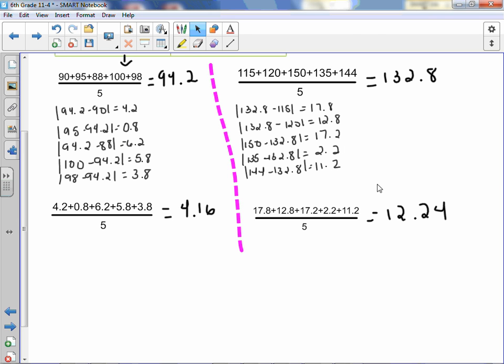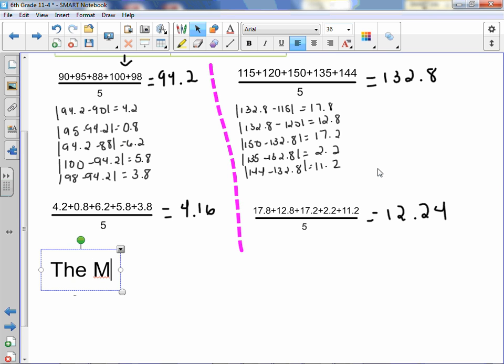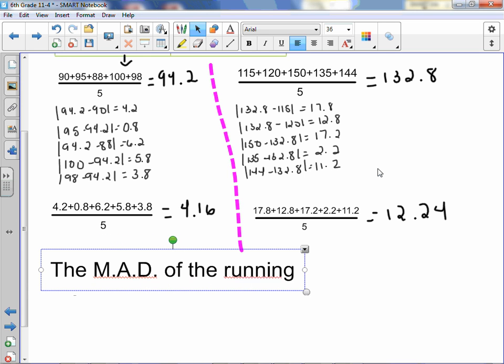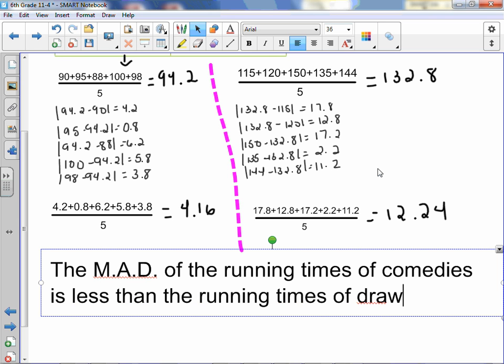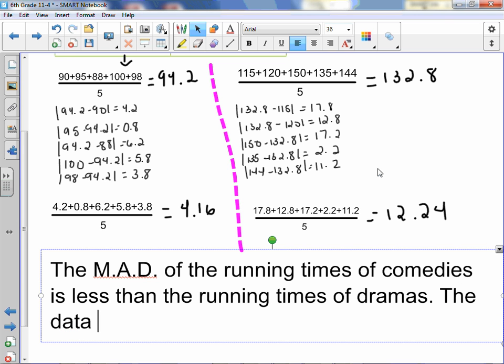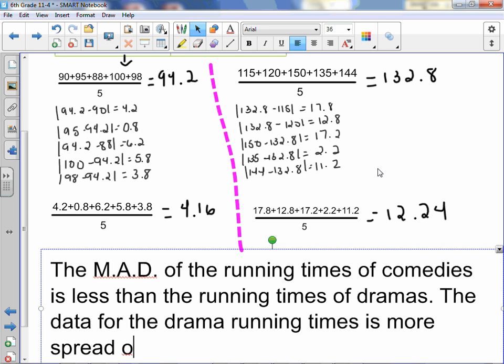Remember, comedy is on the left, drama is on the right. So let's first state that the mean absolute deviation of the running times of comedies is less than the running times of dramas. And since the drama mean absolute deviation is larger, we can say that the data for the drama running times is more spread out.